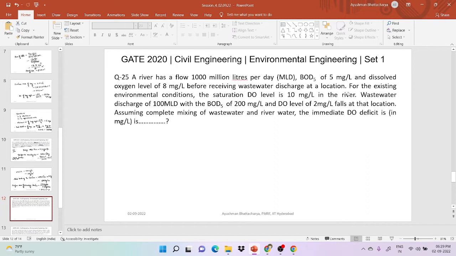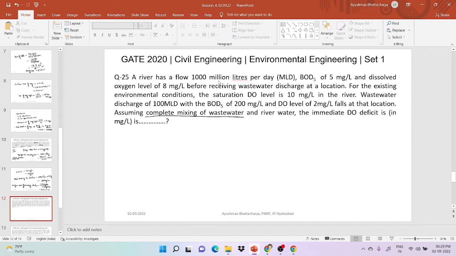For the existing environmental conditions, the saturation DO level is 10 milligram per liter in the river. Wastewater discharge of 100 mld with the BOD 5 of 200 milligram per liter, and the DO level of 2 milligram per liter, falls at that location. Assuming complete mixing of water and river, the immediate DO deficit is.